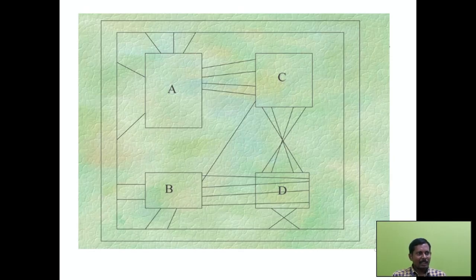So in this example, there are 4 blocks A, B, C, D. All the blocks we can swap within the locations, within the fixed area. While swapping the blocks, the connectivity paths between the blocks may change. The number of connections may change, or the length of the connections may change.